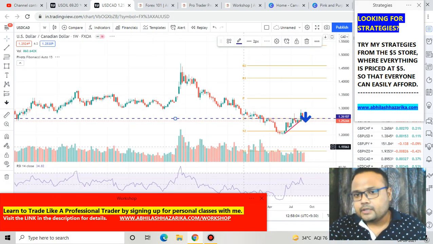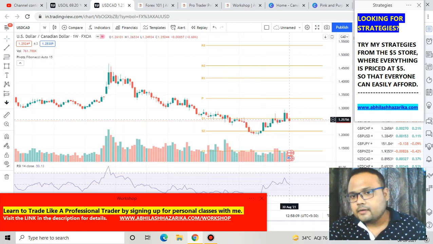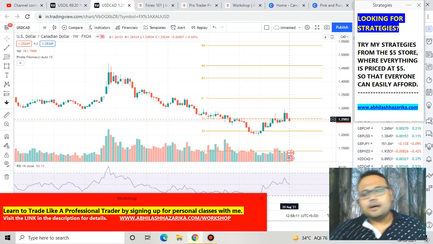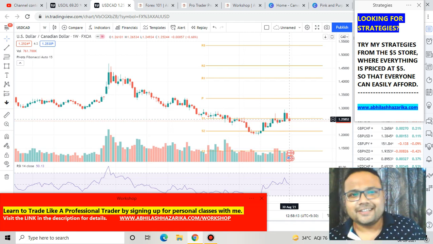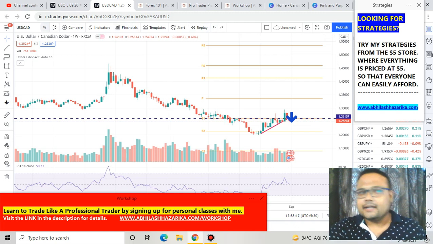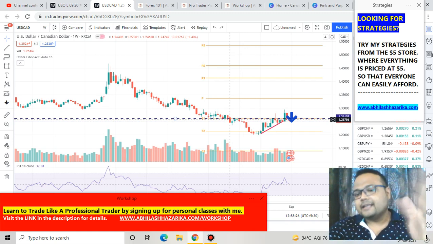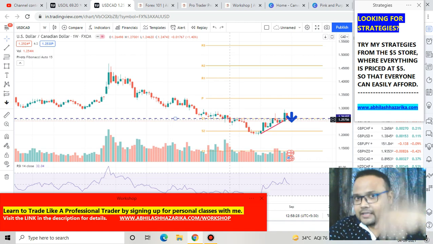Here is the weekly chart, and you can see that the market is facing some trouble crossing the resistance. Therefore, there is a possibility that this line will still act as a resistance, because we have seen previously, in the months of March, April and May, that this was the level that acted as a resistance. So definitely this is a valid resistance for the market.